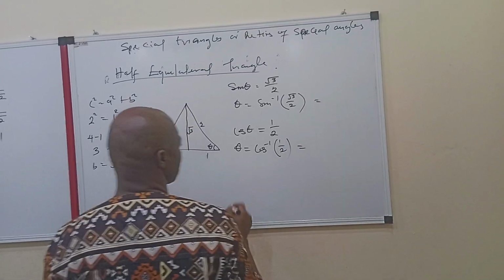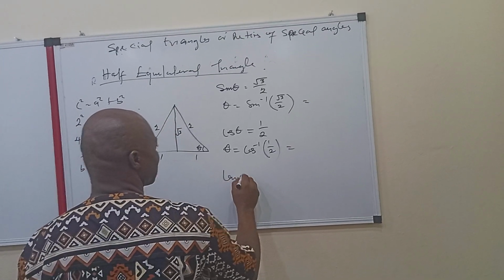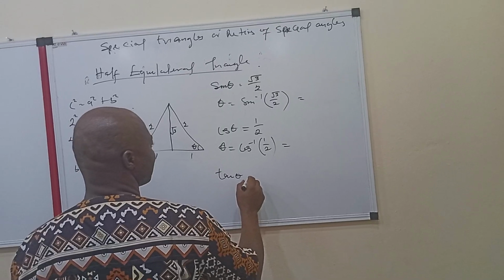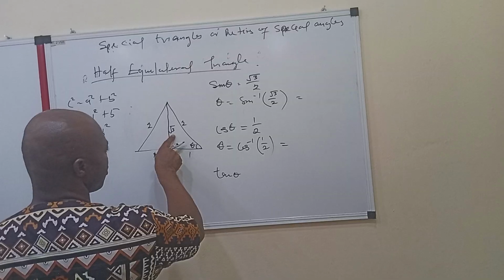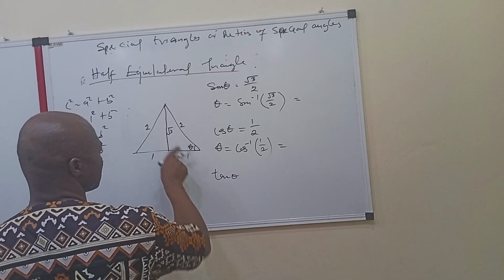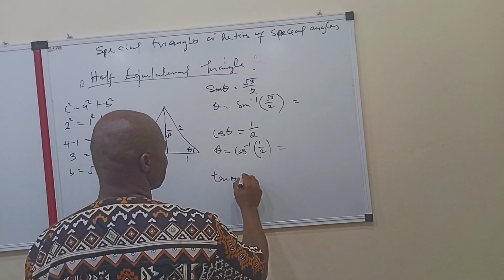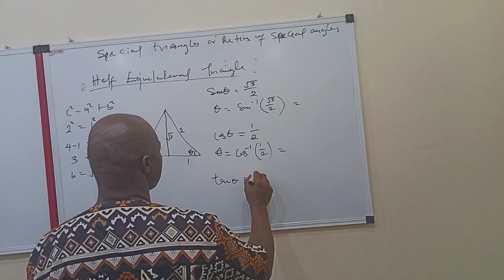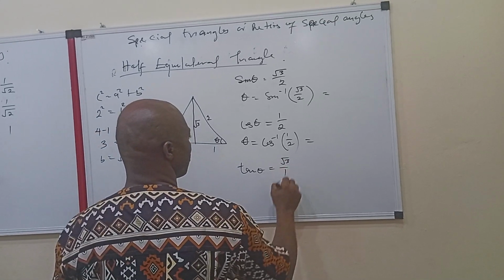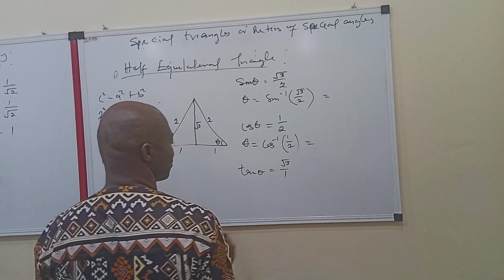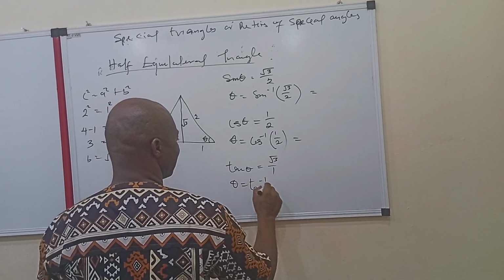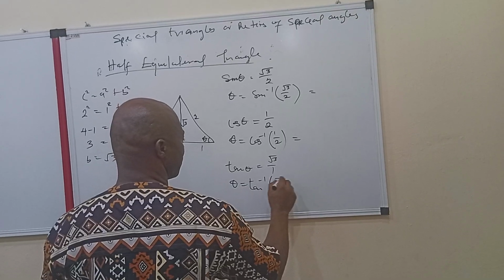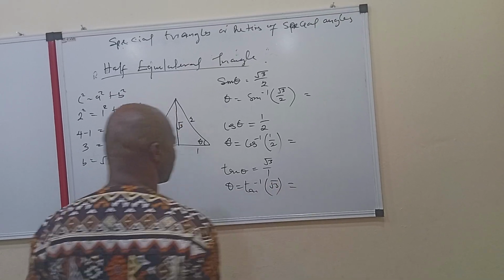Then for tan theta, we have opposite over adjacent, so that is root 3 all over 1, which is the same thing as root 3, so that theta becomes tan inverse of root 3.